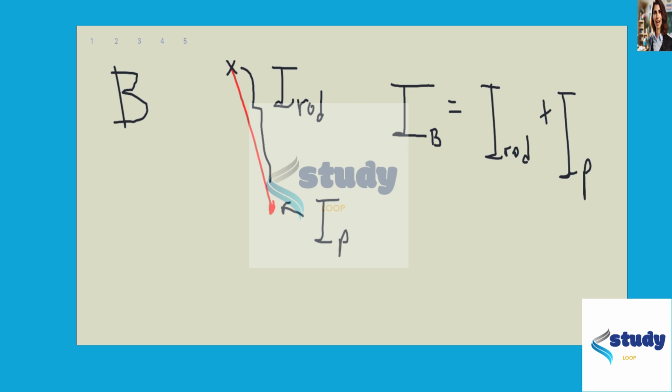So each of these is given in reference to an axis of rotation that's right here. The only way to get this result to separate into these two parts is to consider the axis of rotation at the end of the rod, and for the point, it'll have to be from a distance L away.